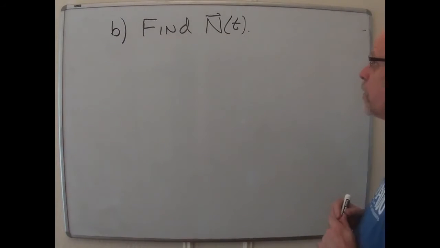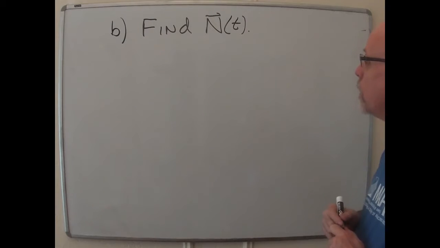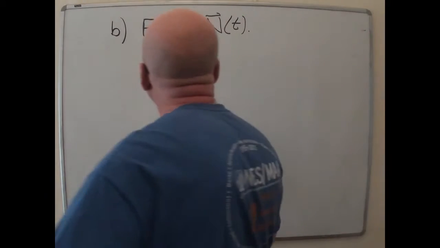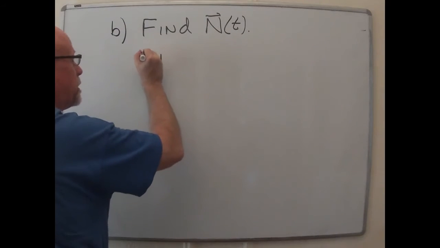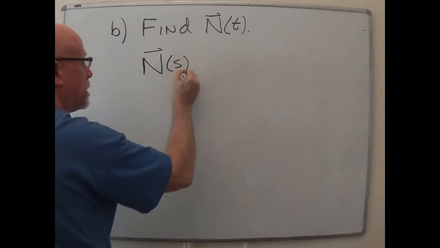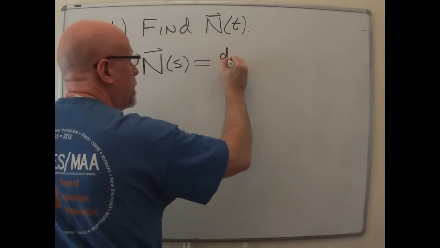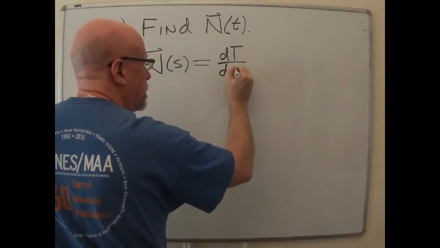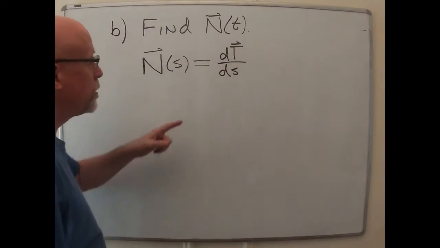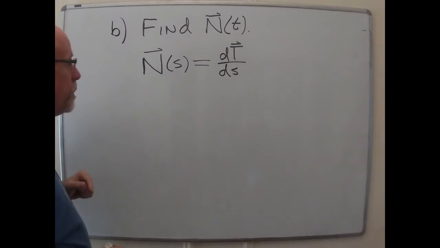All right, so the second part of this problem was to find the unit normal vector. There's two ways to do this. You can get the normal vector as a function of s. And this is actually the definition of the normal vector: dT/ds, that is, take the derivative with respect to arc length of the unit tangent vector.